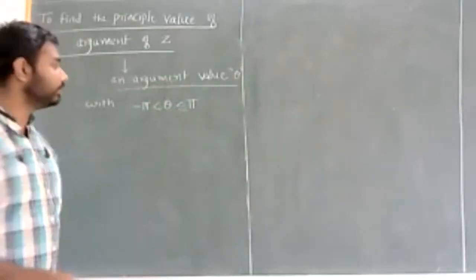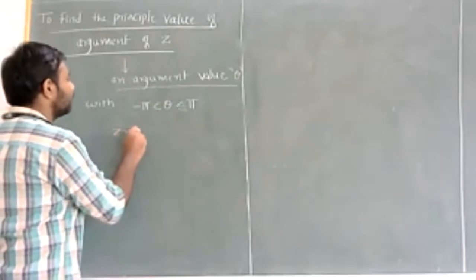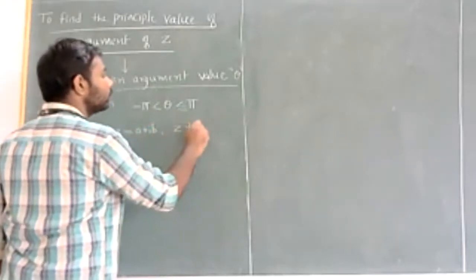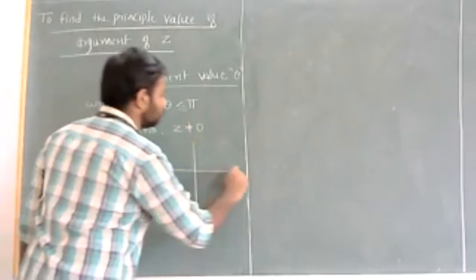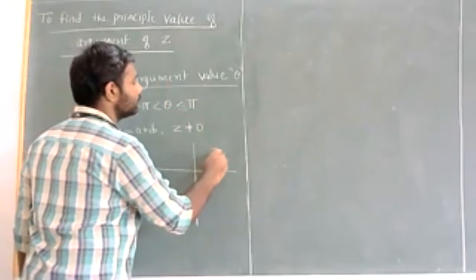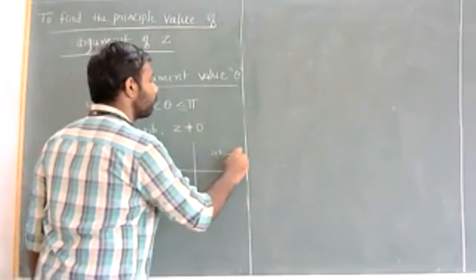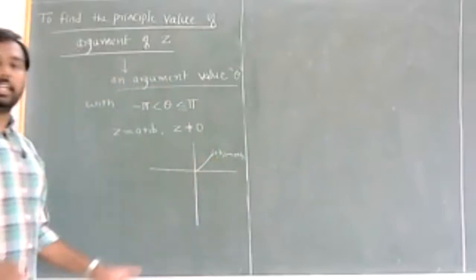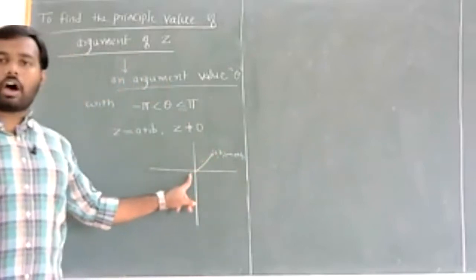So what does argument mean? If I consider a non-zero complex number a plus ib, and mark it, then consider the line joining the point and the origin.